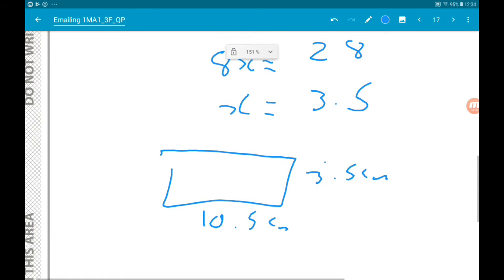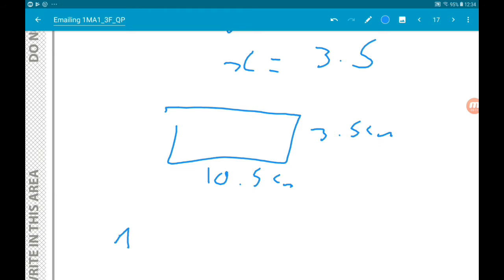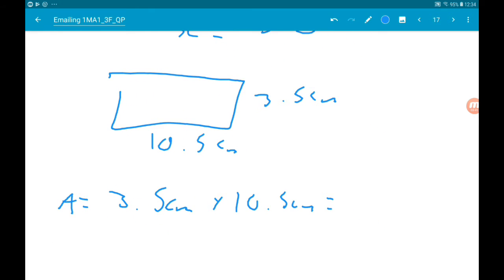So the area is 3.5 times 10.5 centimeters, and that is going to give us 36.75 centimeters squared.